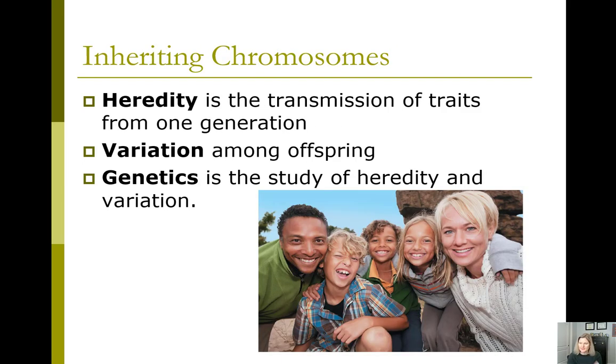So let's start out by discussing our chromosomes and where they came from. So we inherited them, of course. And so this term heredity is defined as the transmission of traits from one generation to another. So you acquired your traits from your parents, and your parents acquired their traits from their parents, and so forth. So basically, through the passing on of our genes from generation to generation, we are transmitting our heredity, or transmission of traits.